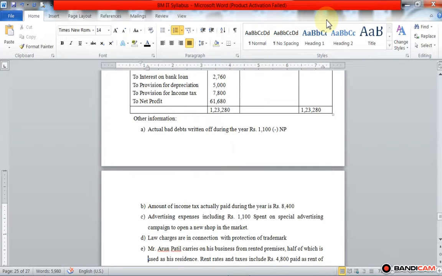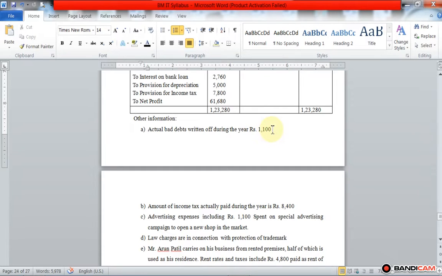So here other information is given to us, that is, actual bad debts written off during the year, 1100. Okay, so actual bad debts written off during the year is rupees 1100.